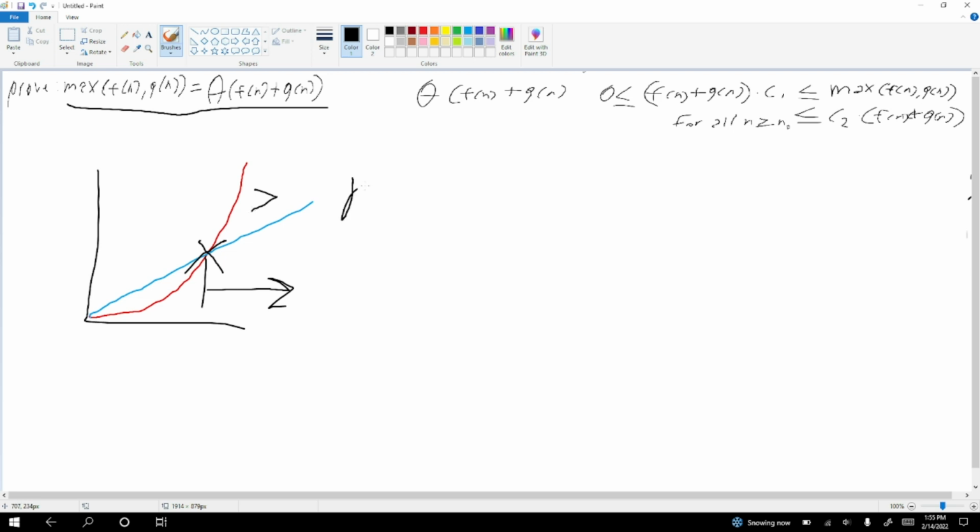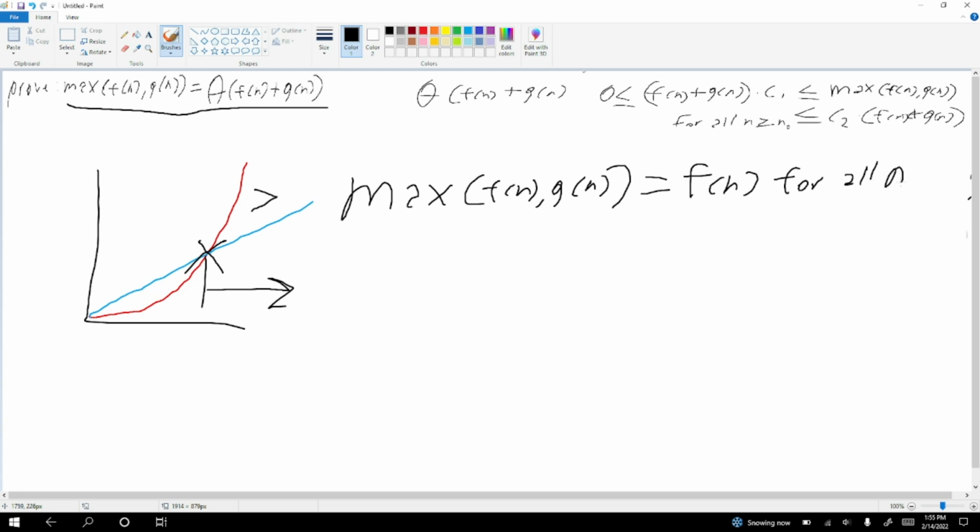And that means that this max function that we have, max of f of n and g of n, will always equal f of n for all n greater than or equal to the point where this thing intersects, which we could set as our n0.